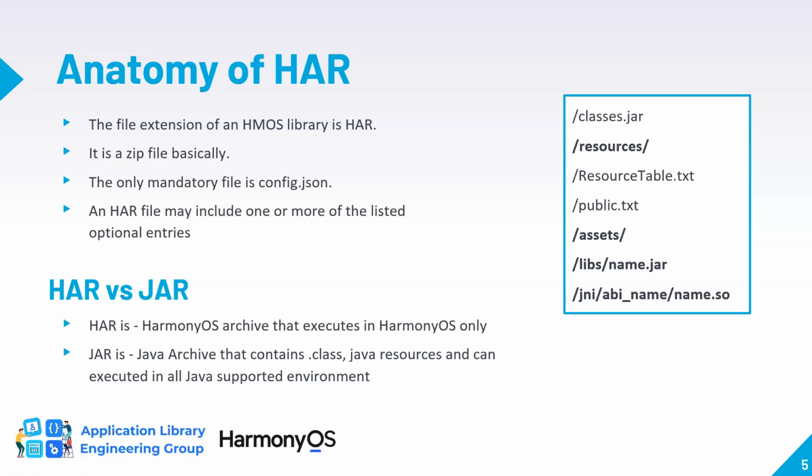JAR is a Java archive that also contains similar things. The only difference is that it does not contain any layouts and view classes, but in our case, Harmony HAR can. So in Harmony OS, we can use JAR, which is a Java library, and we can also use HAR.